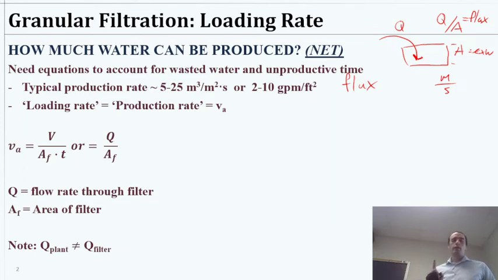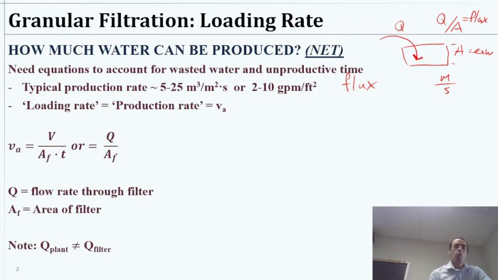Now one thing to note here is when we're talking about Q for this VA equation, this is not the Q for the plant total, right? We're just talking about the flow through one filter, unless we're talking about all of the filters combined. So I'm saying the Q for the plant is not equal to the Q to the filter.